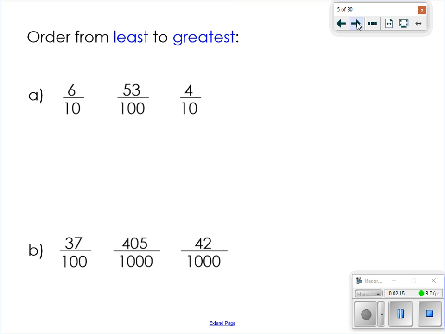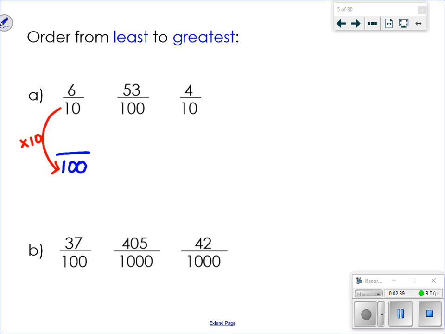So let's try these. I have 6 tenths, 53 hundredths, and 4 tenths. Well, the easiest thing is going to be to make them all have denominators of 100, right? So what if I had to multiply my denominator by to equal 100? 10 times 10 is 100, right?